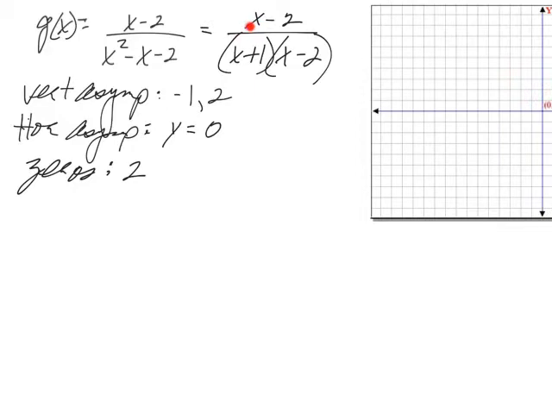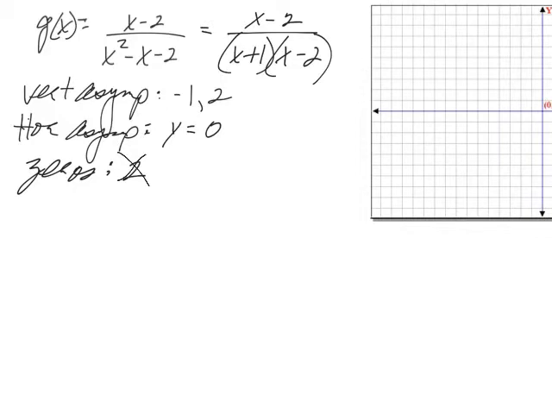Since we can't do that, there are no zeros. And what that means is there's no place where the graph crosses the x-axis. Because there are no zeros, the graph does not cross the x-axis.